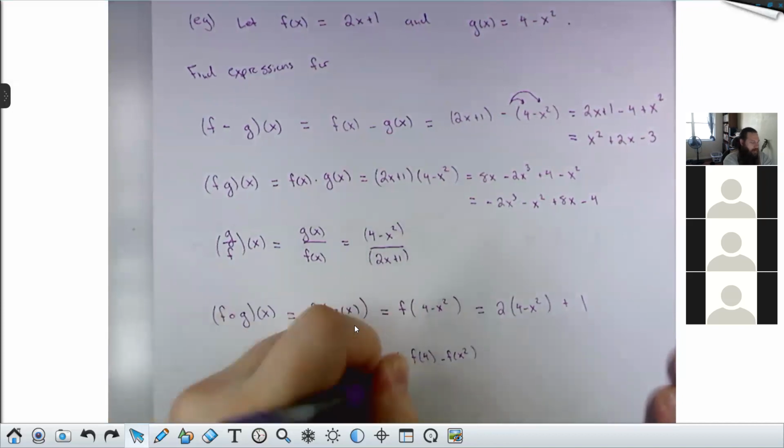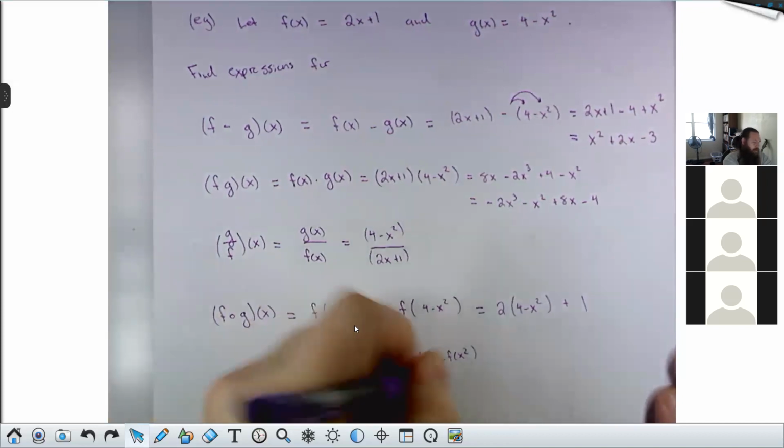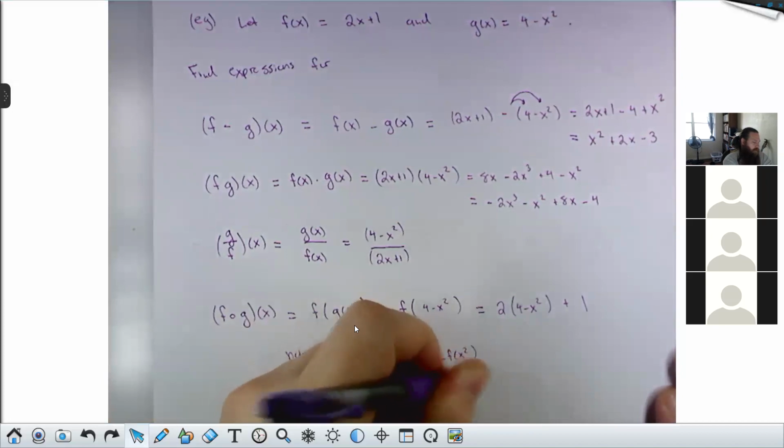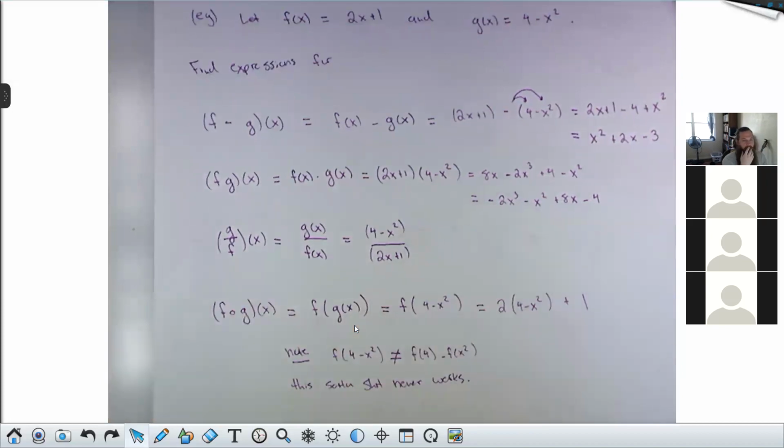This sort of thing never works. That's a little bitty lie. That sort of thing works if and only if f is a certain kind of function. But I don't want to confuse you, and it definitely isn't true in general. So function notation doesn't work like that.